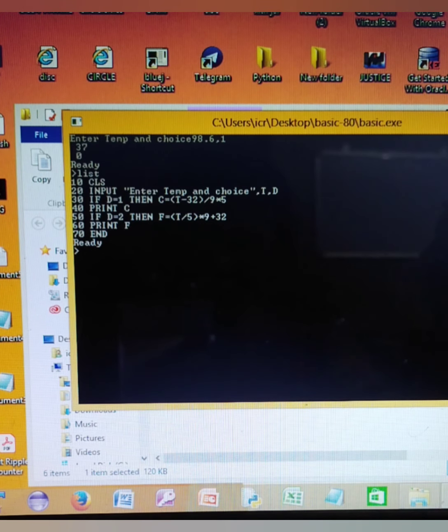To avoid such inconvenience where after 37 you are getting 0, we'll do one thing in the program. This time I am not writing the message, you can write the message on your own.